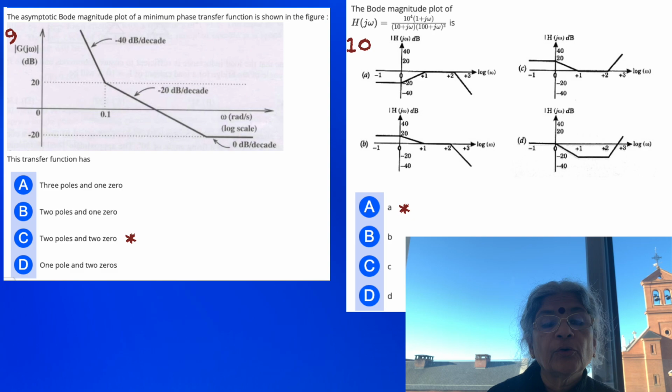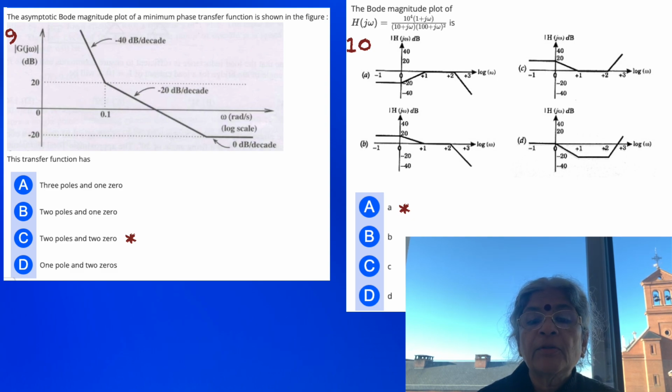Then you are going to have minus 20, so one more zero has arrived, and even this minus 20 dB is going to be leveled off at another frequency. The frequency values are not given, but we see that we are having 2 poles and 2 zeros. That is what is asked: this transfer function has how many poles and how many zeros. So option C is a direct answer to this problem.